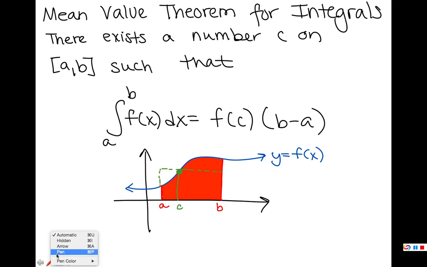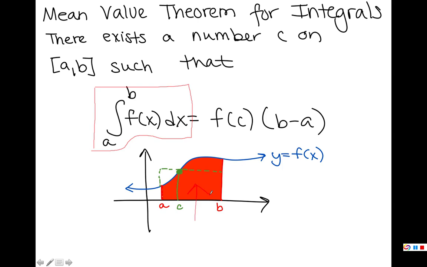Basically, the left-hand side of this statement, when you integrate from a to b the function f of x, that's giving you area under the curve. That's what I've shaded in red on the diagram. So when we integrate this function, we're finding area under the curve.